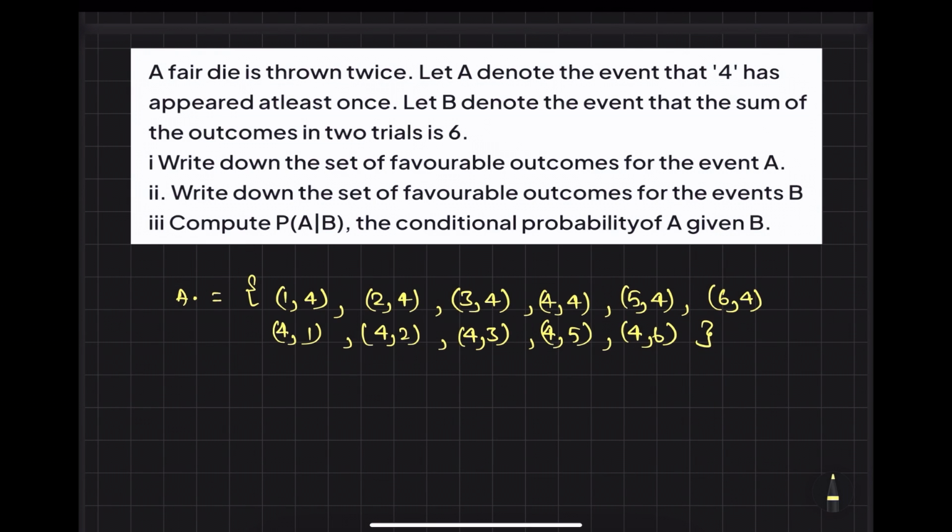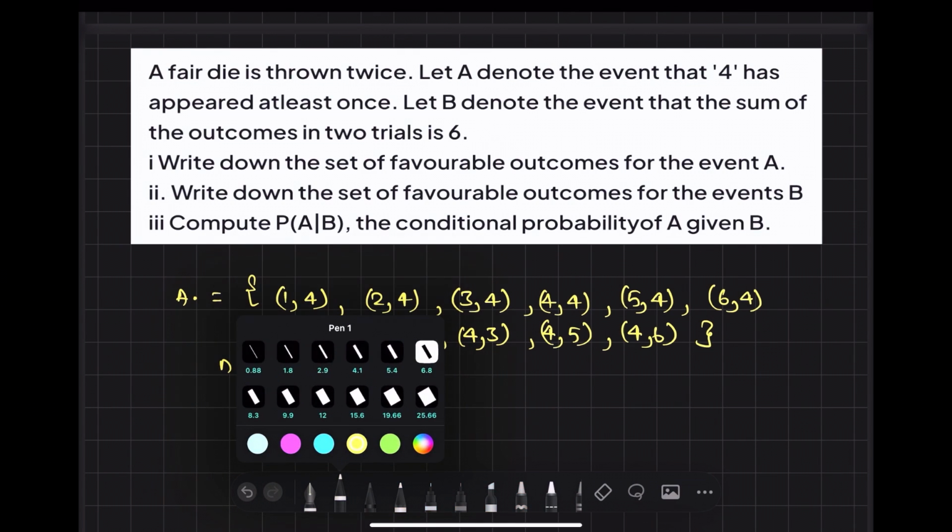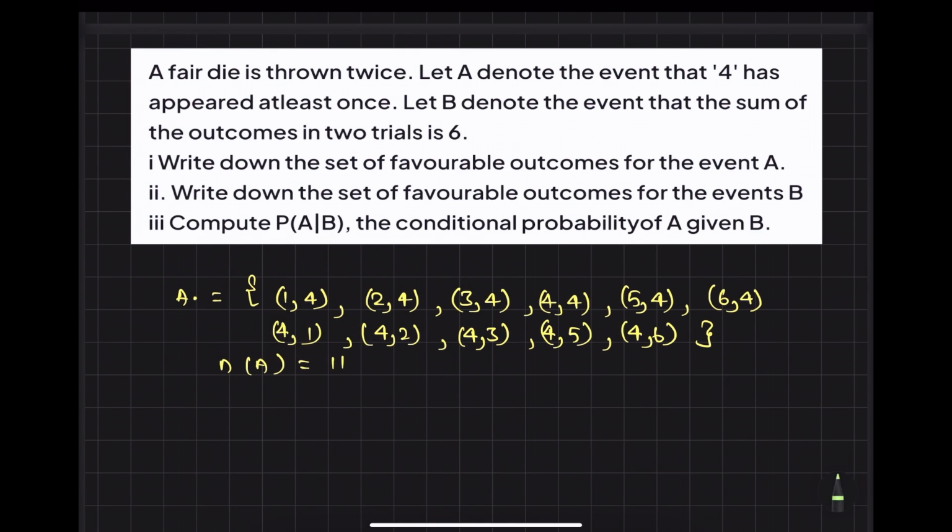So these are the cases. Can I say that n of A is equal to 3, 6, 9, 10 and 11? So it is 11. Total number of favorable outcomes is 11.